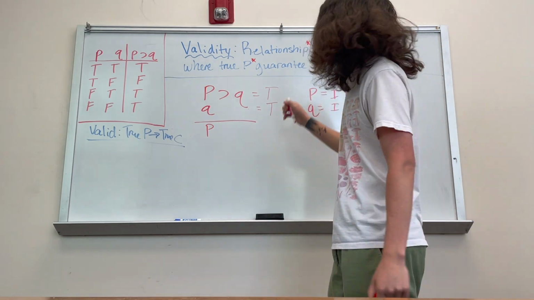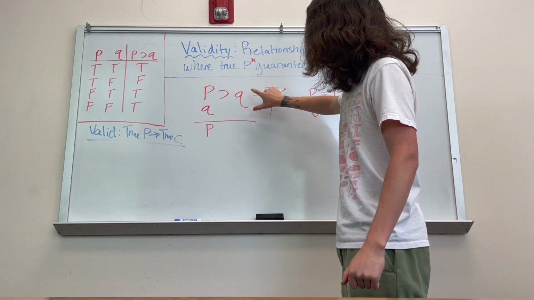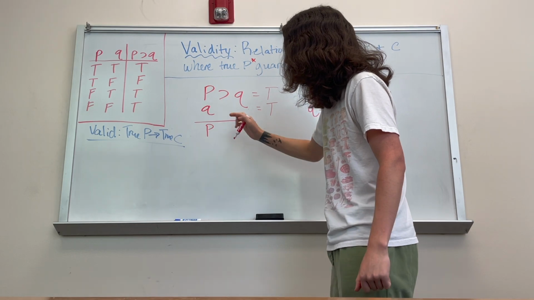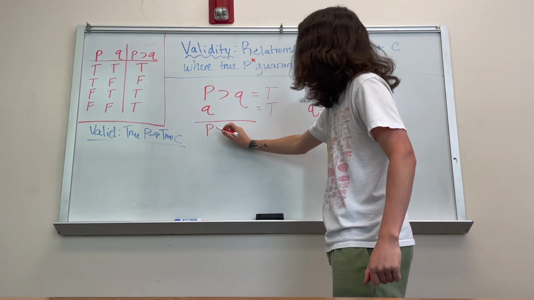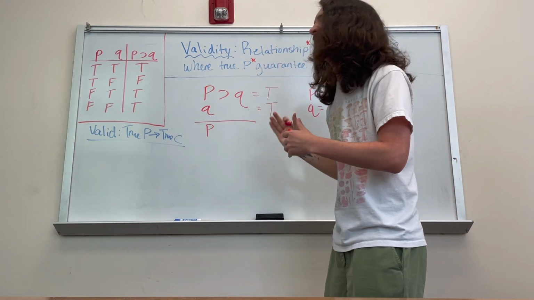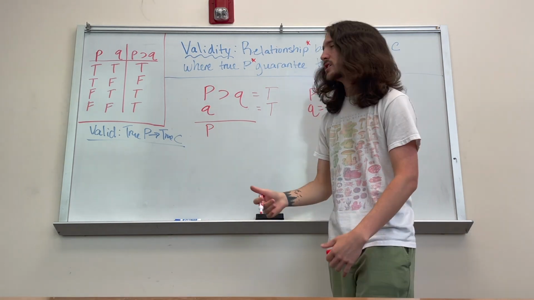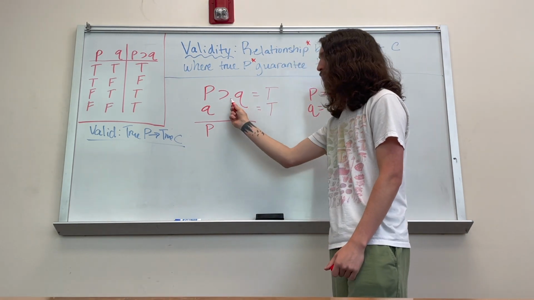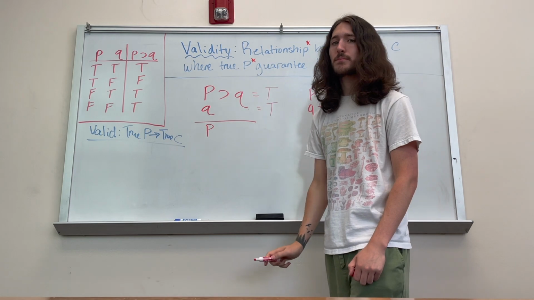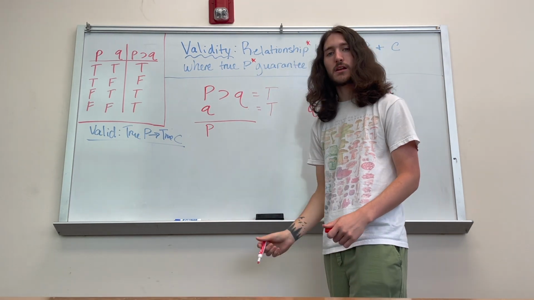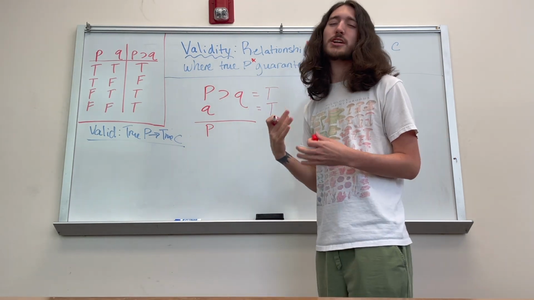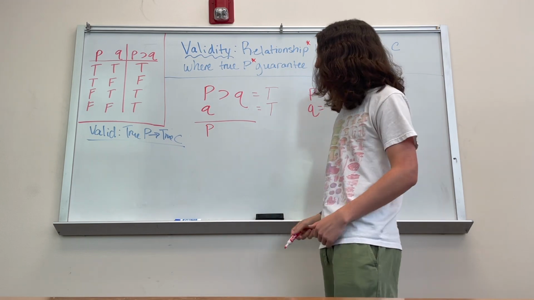And remember, validity is a relationship. It is how these premises relate to this conclusion, a relationship of a guarantee. A valid argument has a guarantee: if the premises are true, the conclusion must be. But this doesn't guarantee it. It could lead to truth, but there is no guarantee, and that's why it's invalid.